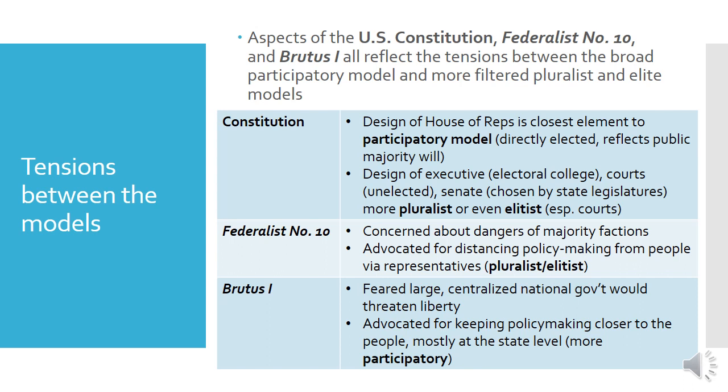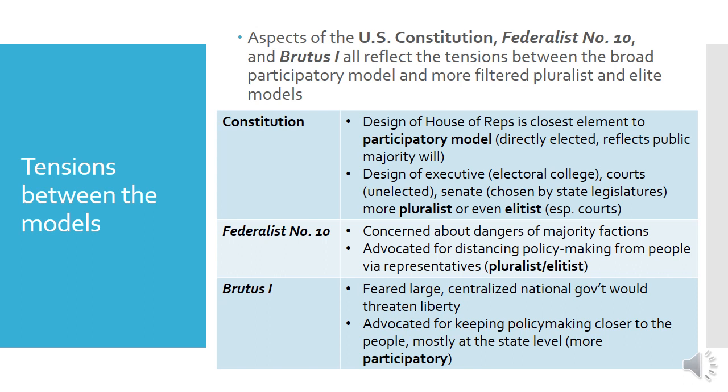So the Constitution has really elements of both. If you think about the House of Representatives, that's the one part of our government that was originally directly elected by the people. So that's really the closest thing in our Constitution to the participatory model. It's directly elected, it's supposed to reflect the will of the majority, the will of the people, pretty close to the participatory model.